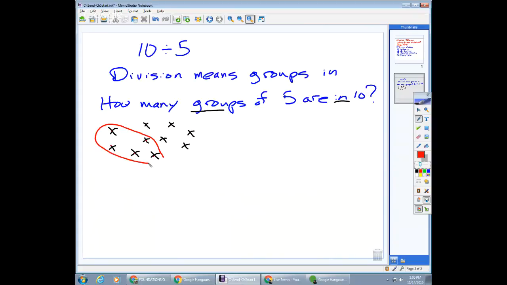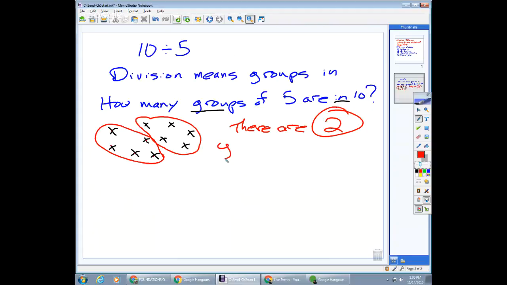Here's one group of 5, and this over here would be another group of 5. So then I can answer the question. There are 2 groups of 5 in 10. So that's the groups in.